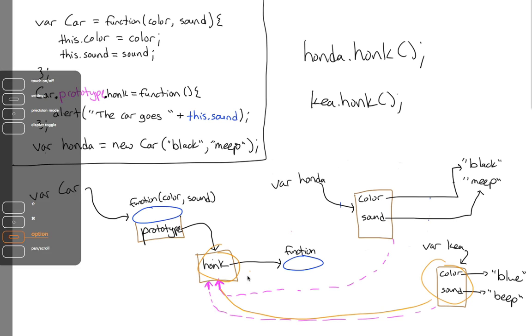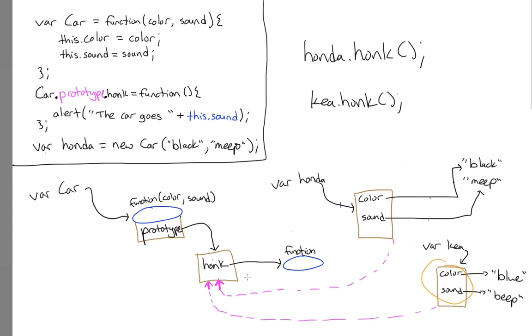So as you can see, every new object created with the car function will share properties in this prototype object. And that's why prototypes are useful.